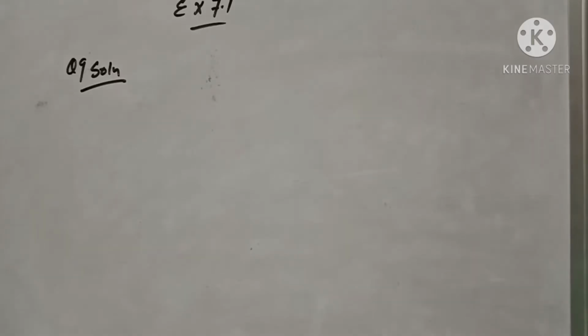Question number 9, it is given, if rupees 2500 is to be divided among Ravi, Raju and Roy, so that Ravi gets 2 parts, Raju 3 parts, Roy 5 parts, how much money will each get? What will it be in percentage?